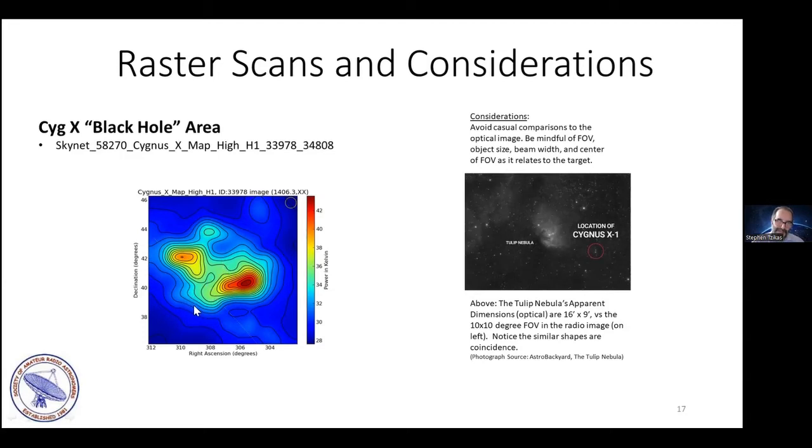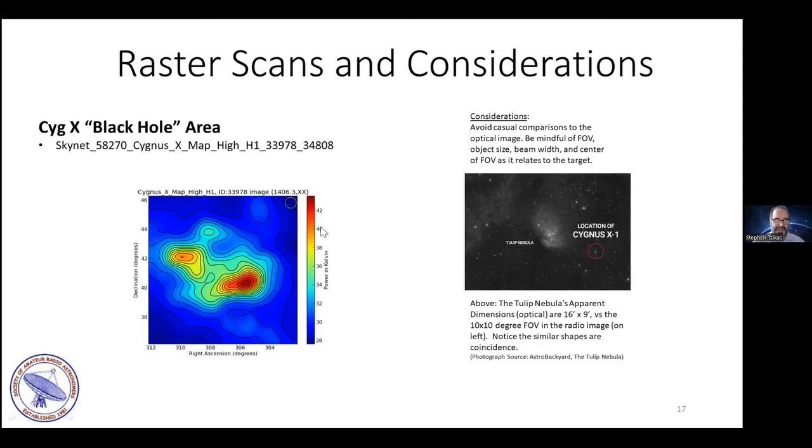So this happens to be a coincidence. In fact, it happens quite a lot when you compare a radio object image to the optical. And you can see here, obviously, it's not the same image because in the optical, the Tulip Nebula is 16 arc minutes by 9 arc minutes, whereas in the radio, you have several degrees, from, let's see, 36 to 46.